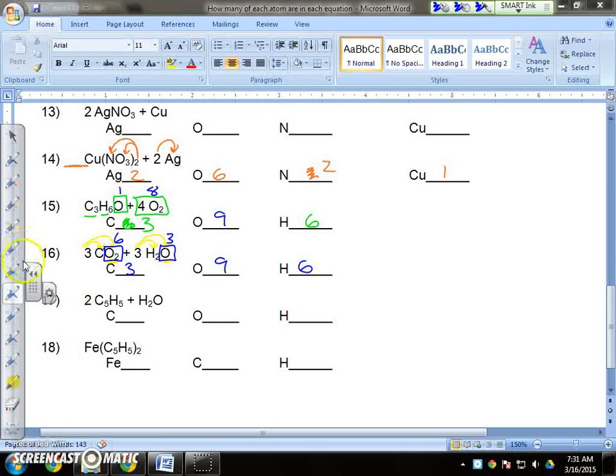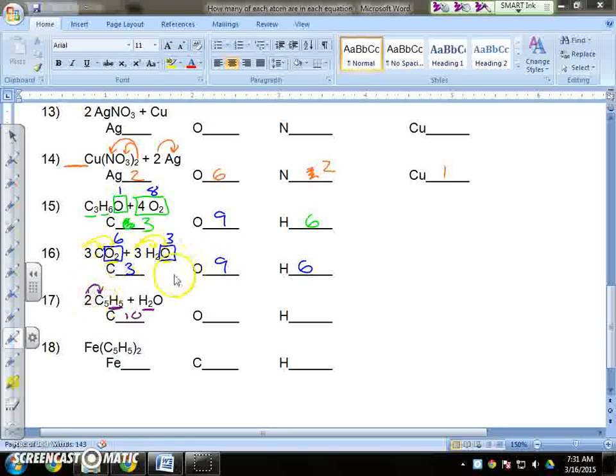2 problems left. Work our way down to number 17. Again, 17 doesn't look like it has anything really crazy. We do have a hydrogen on the left and a hydrogen on the right of that plus, so that's going to be the only tricky thing to worry about. So that coefficient of 2 means we've got 2 C5s, 10 of those, and I'll worry about the oxygens for now.